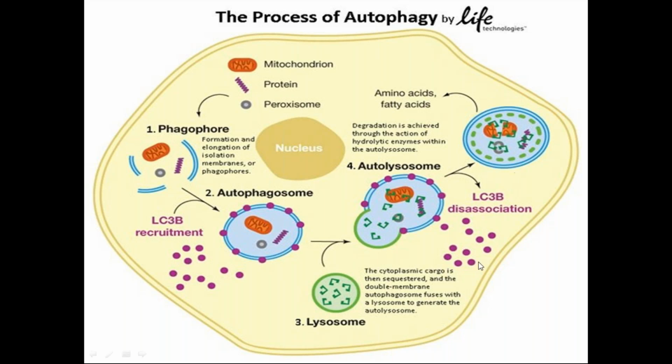Understood, everyone? So this is kind of a cargo. LC3B, just remember the name. From where it is coming and what is its function is not important. Just remember that it is one of the factors important in clipping of all these things, so that the lysosomes can bind very easily and give their function. Everyone got the point?